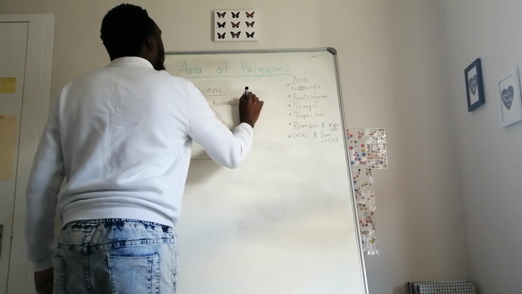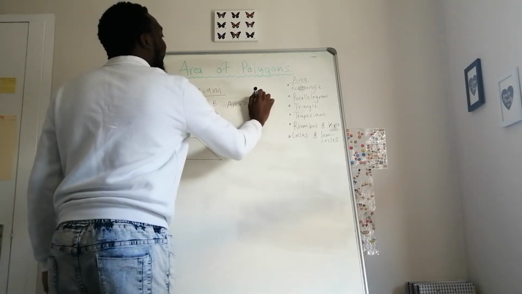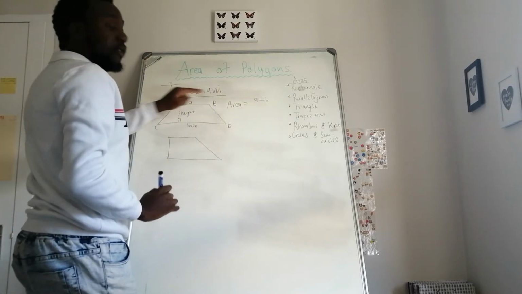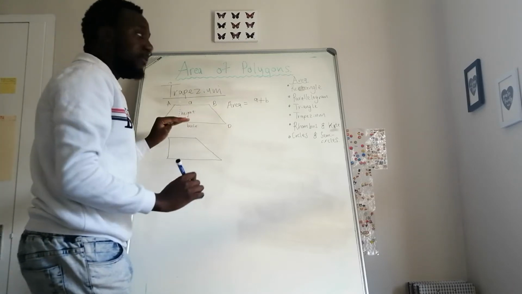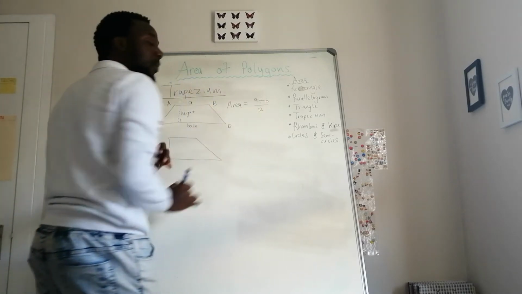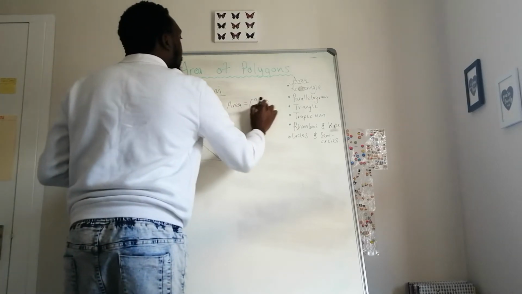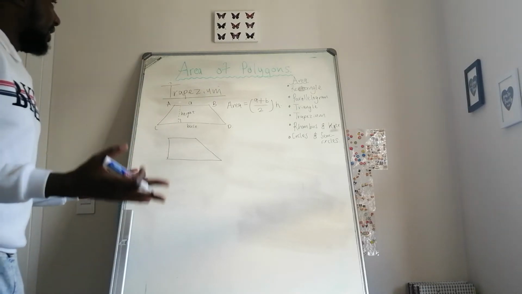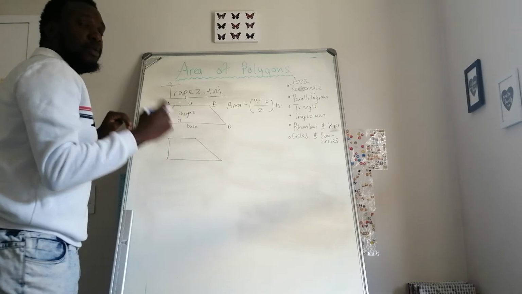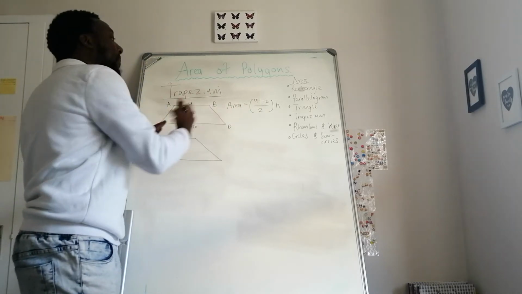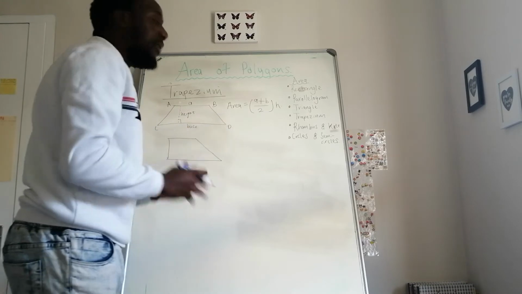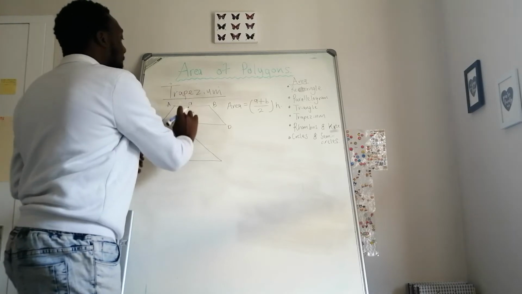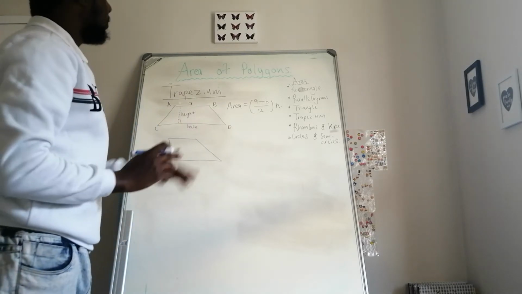Area is equal to A plus B. You add the length of the top plus the length of the bottom, divided by 2. You divide those by 2, and then you multiply this by height. I'll say it again. You take the length of the top, which is A. You take the length of the base, which is B. You add those two. You divide them by 2. And then you multiply it by the height. Right? So that's the formula.